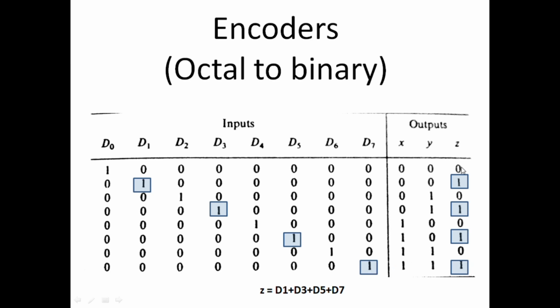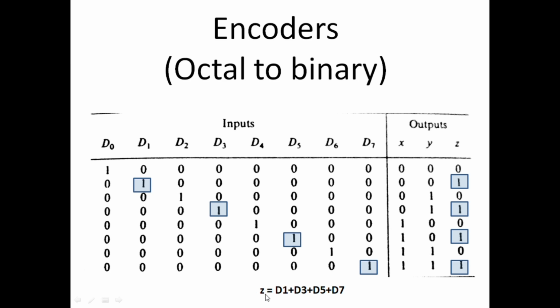So wherever the output is 1, just OR, combine the corresponding d where the input value is 1, just put the plus sign between them, and that is the Boolean equation of that output variable.